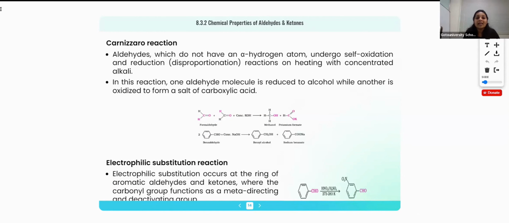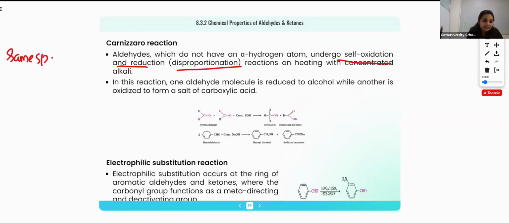Next one, Cannizzaro reaction. Again, a name reaction. Aldehydes which do not have an alpha hydrogen. The aldol condensation is for alpha hydrogen containing compounds. I told you the carbonyl group is connected to a carbon, and that carbon contains the alpha hydrogen. Cannizzaro reaction means aldehydes that do not have an alpha hydrogen undergo self-oxidation and reduction. If oxidation and reduction are happening for the same species, that is called disproportionation.